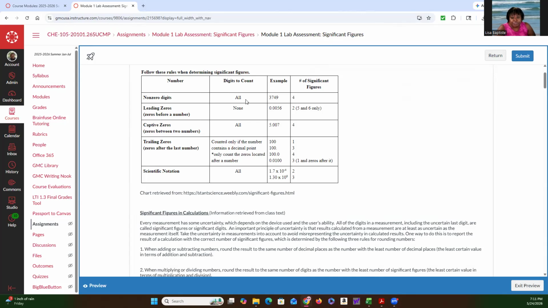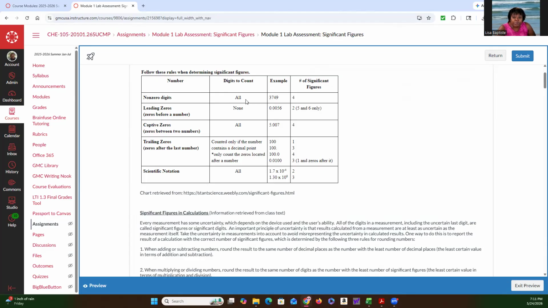Because as you know, when you're doing calculations and you type it into your calculator, sometimes your calculator gives you this very long or very large number, and you want to figure out how do I round this? Do I need to report all of these numbers in my final answer? And so significant figures are our rules of determining how we round our final answers.